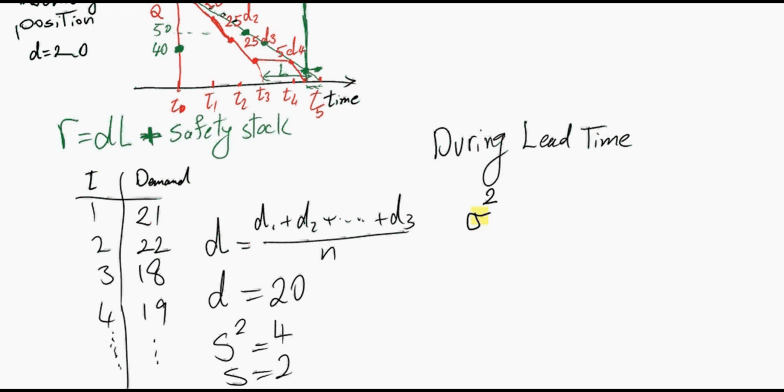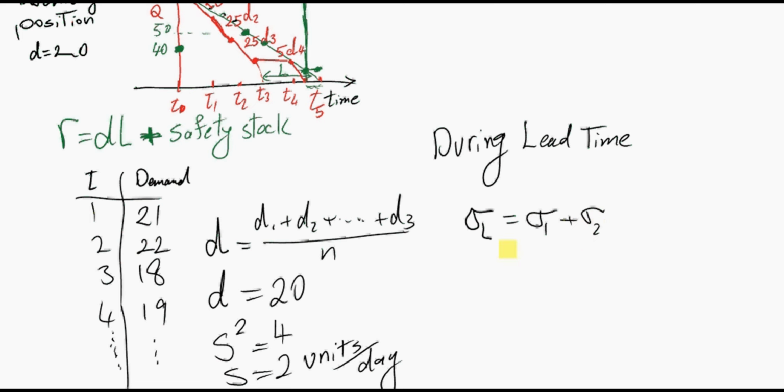Now, if the standard deviation of demand per unit of time is 2 units per day, you may think that the total variation during the 2 days that we are waiting, the variations that we are facing during the lead time, is the standard deviation of the first time plus the standard deviation of the second time.